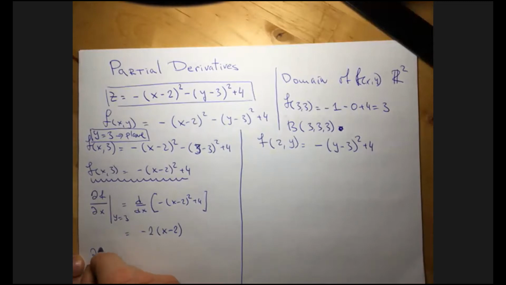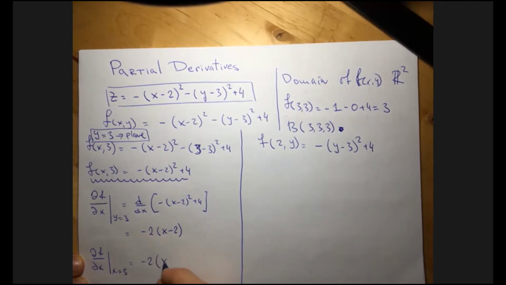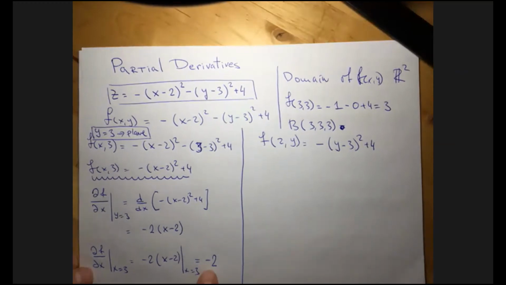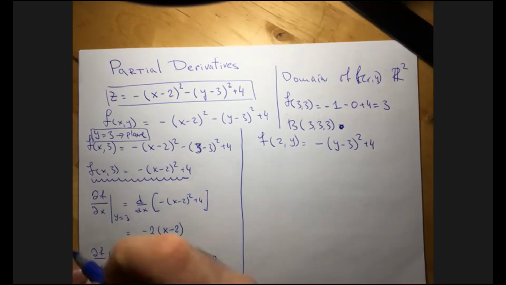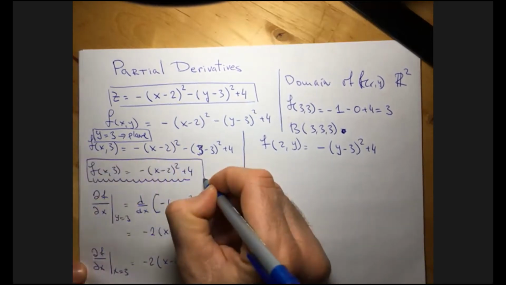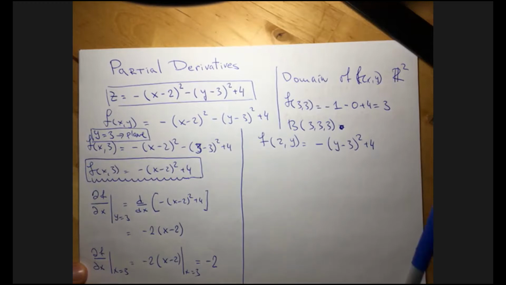So that means partial f, partial x, evaluated when x is equal to 3 is negative 2x minus 2 when x is equal to 3. 3 minus 2 is 1, so negative 2. Okay? So that means that the slope of the tangent line of this two-dimensional curve is negative 2. So let's check if that's correct.